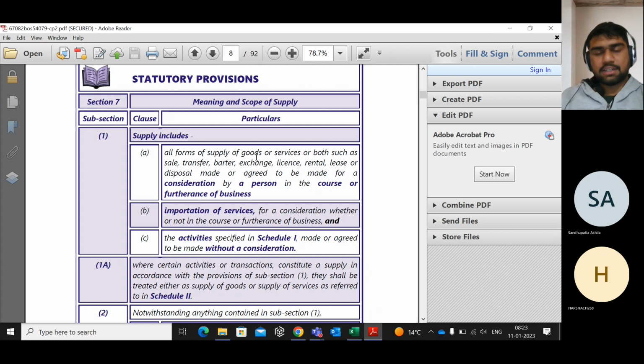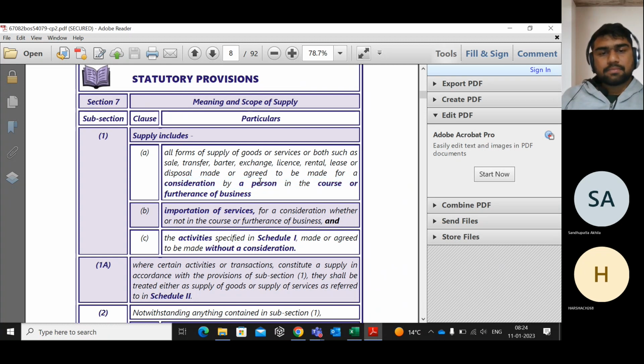Previously you had the barter system, that is exchange of goods, exchange, license, rental, lease or disposal, made or agreed to be made for a consideration. That means if there is consideration, you understand like this, if there is consideration only, it will be treated as supply. Consideration is the main component here.